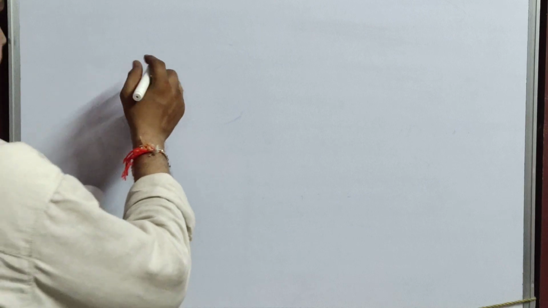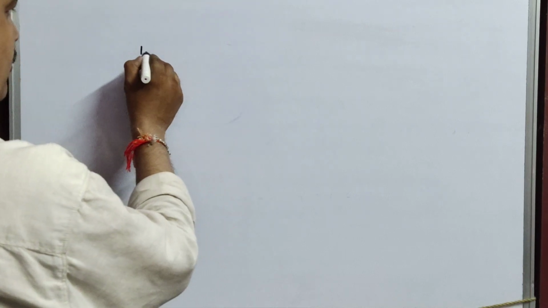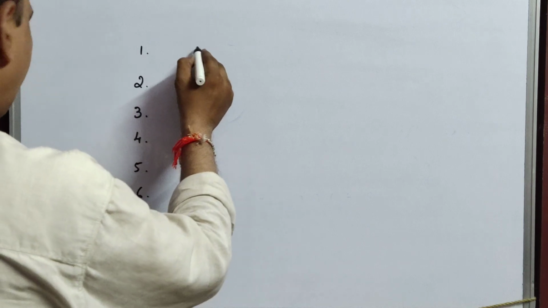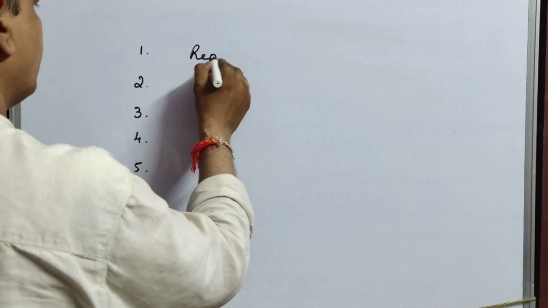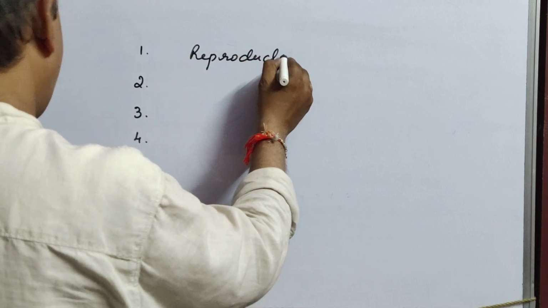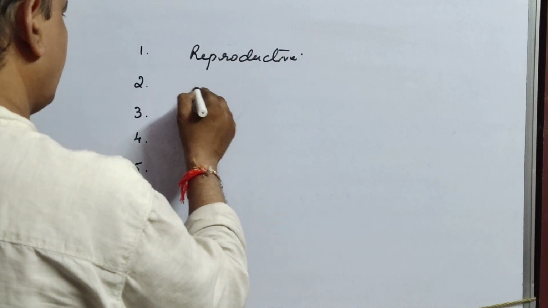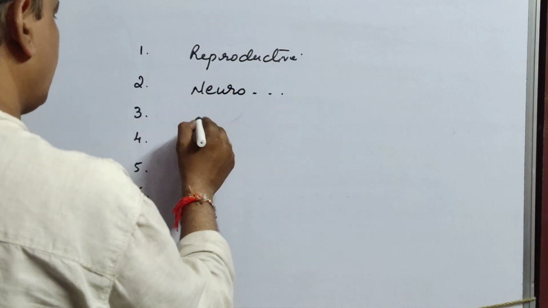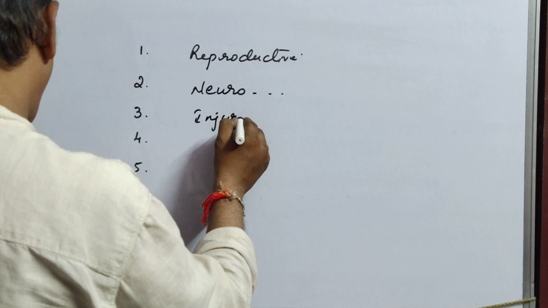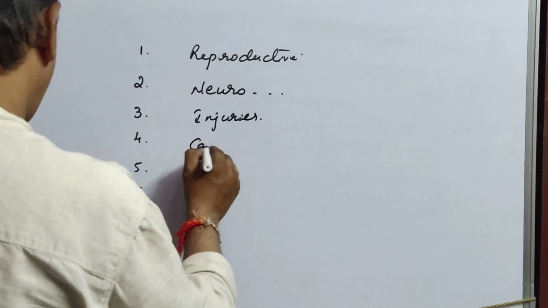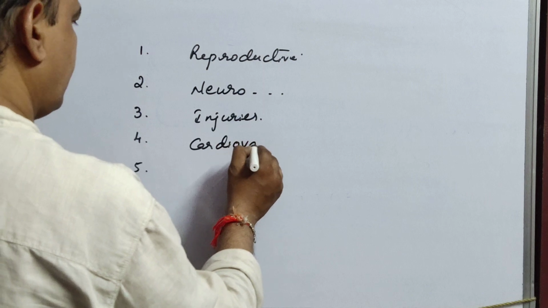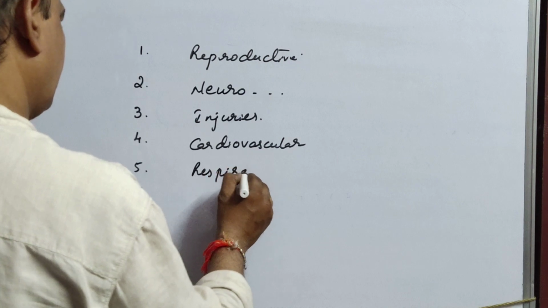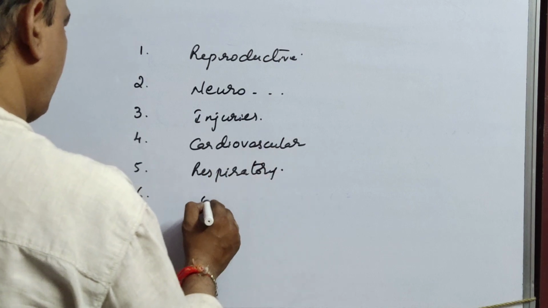Just simply, children, here they give you serial numbers 1, 2, 3, 4, 5, 6, and the causes: reproductive, neuropsychiatric, I am simply writing shortcuts, injuries, next cardiovascular, next respiratory, next other causes.